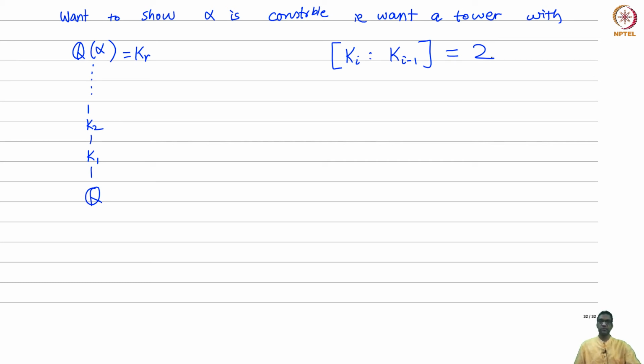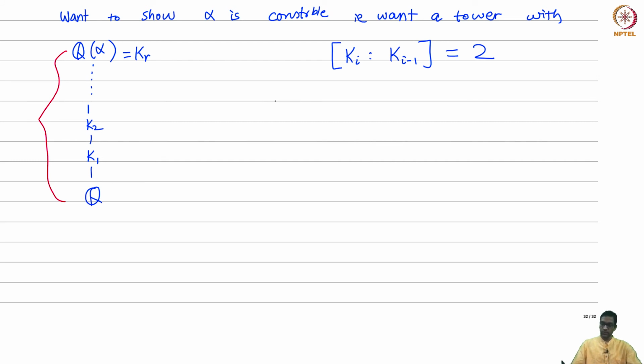Now, how are we going to construct a tower? Well, we use the fundamental theorem of Galois theory again. I know that this is a Galois extension, with a Galois group which is abelian and whose cardinality is a power of 2. How do I get a tower of extensions? Well, I look instead for a tower of subgroups, such that the successive quotients of the cardinalities of the subgroups is just 2.